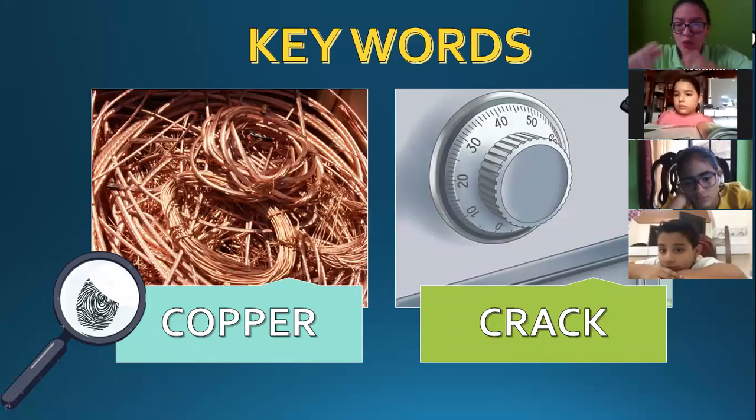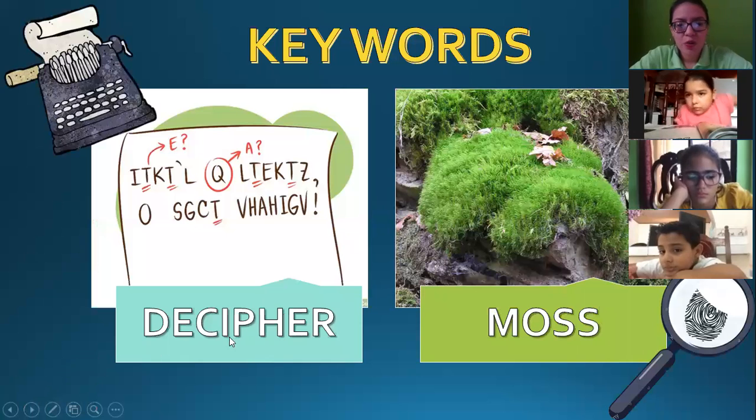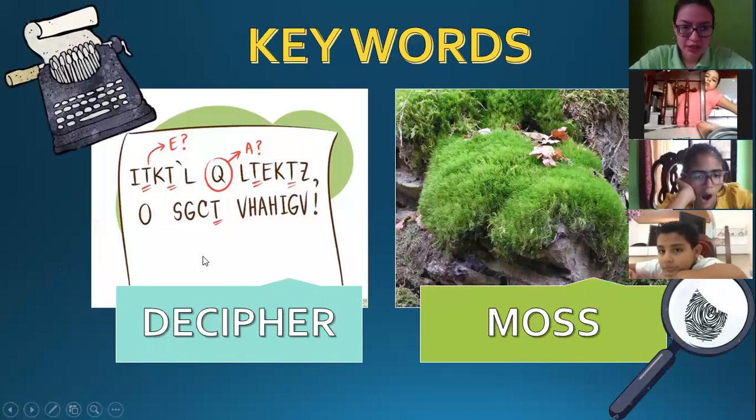And the verb means to break something, such as a code. When we want to solve a code, we use the verb crack. Crack a code. The other one is decipher. Decipher is to understand the symbols in a code.